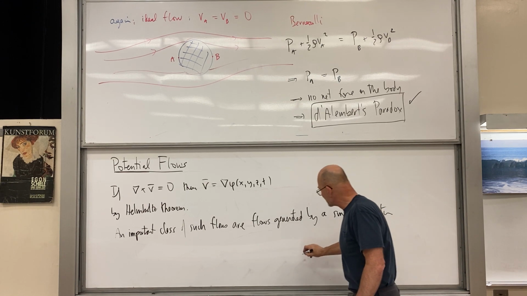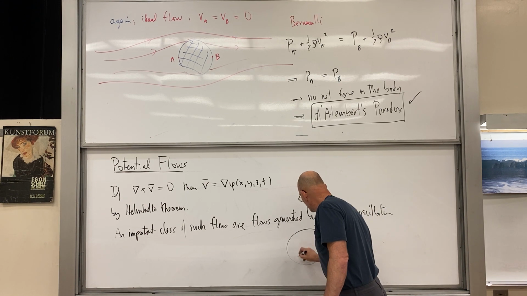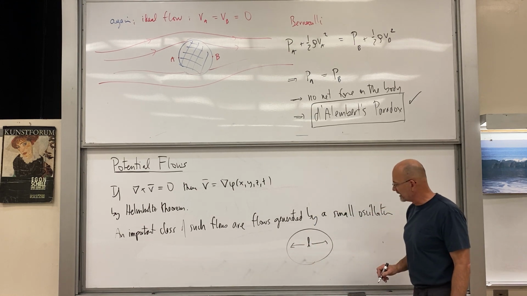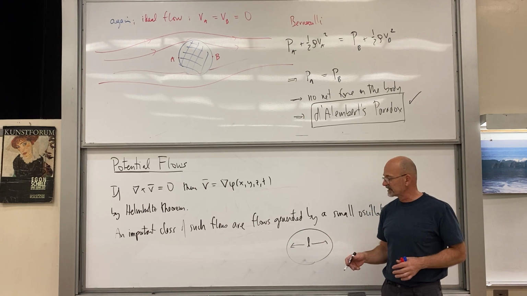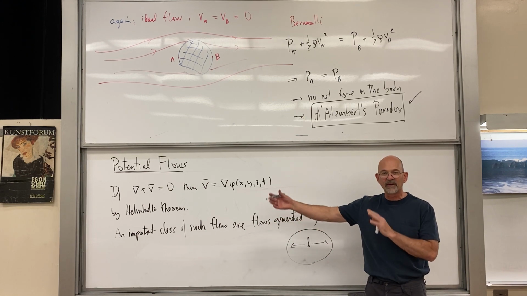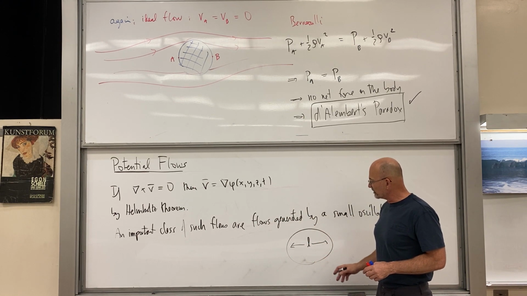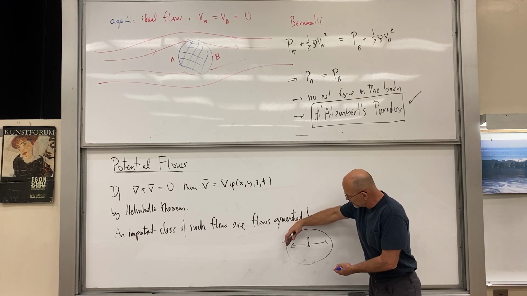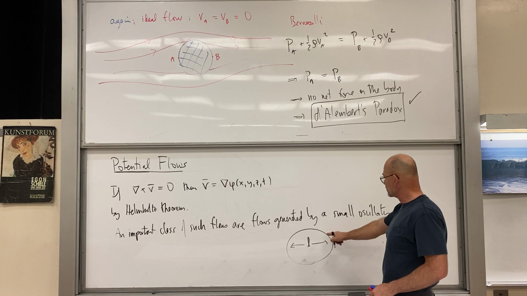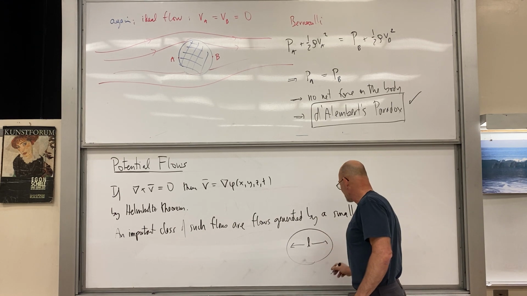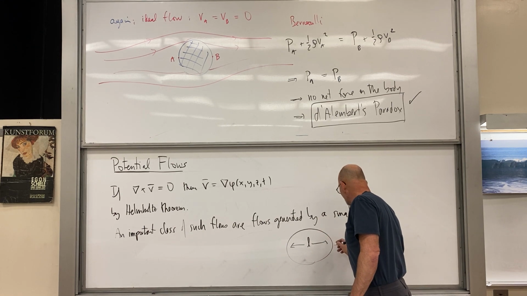So imagine you have some body L in size, and it's oscillating, it's vibrating, and you can imagine it's going to at least send off sound waves, or in general it'll propagate some kind of fluid motion. We're looking at a solid body here that is somehow oscillating.